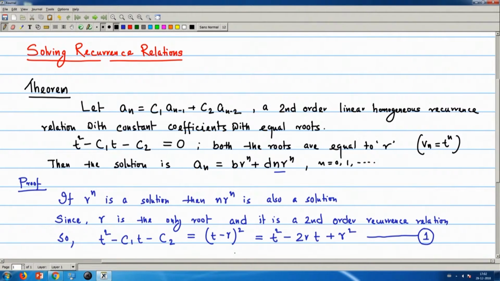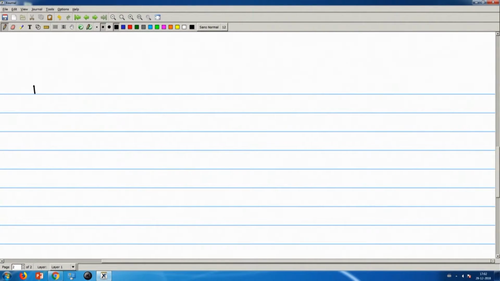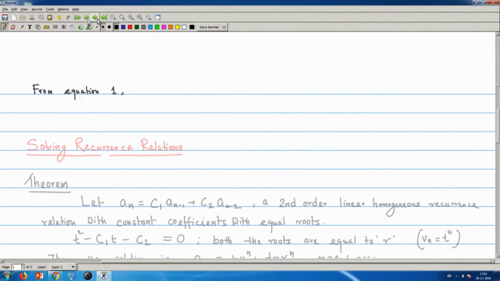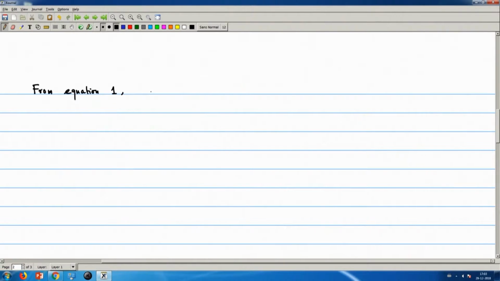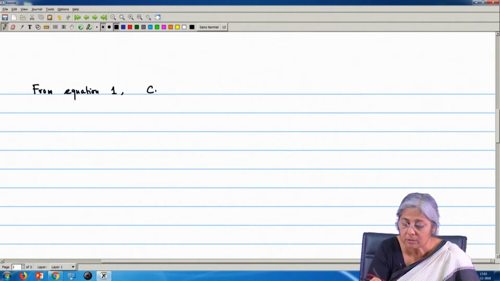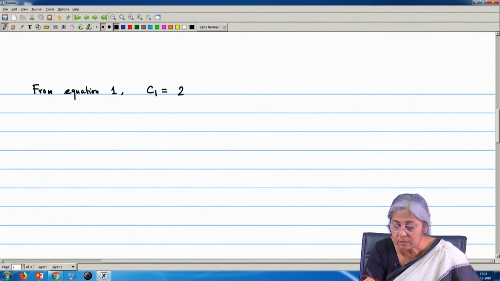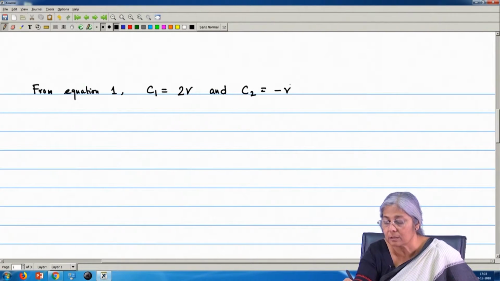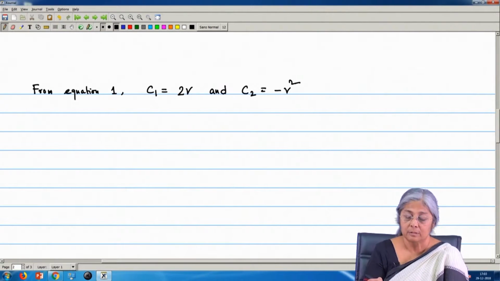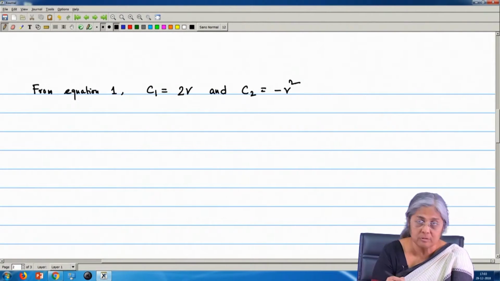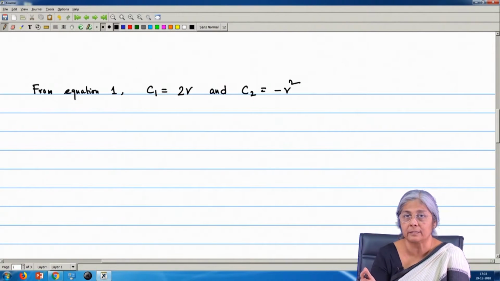Now, from equation 1, if we equate the coefficients of the left hand side and the right hand side, we see that C1 equal to 2 r and C2 equal to minus r square.